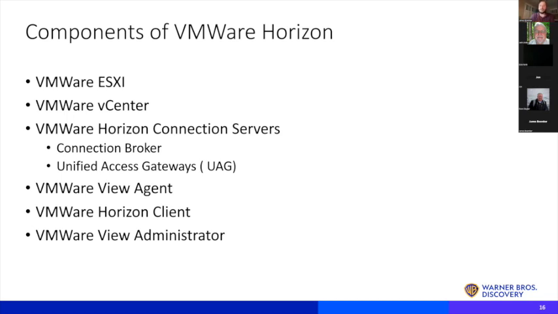The VMware View Agent is the actual software installed on each VM, and that basically communicates with the connection broker, lets you know it's available. It has all the protocol software built into it and installed on it, and it handles the communication. The VMware Horizon client is a piece of software that the users use to get into the system. And the View Administrator is how we manage everything on the back end.